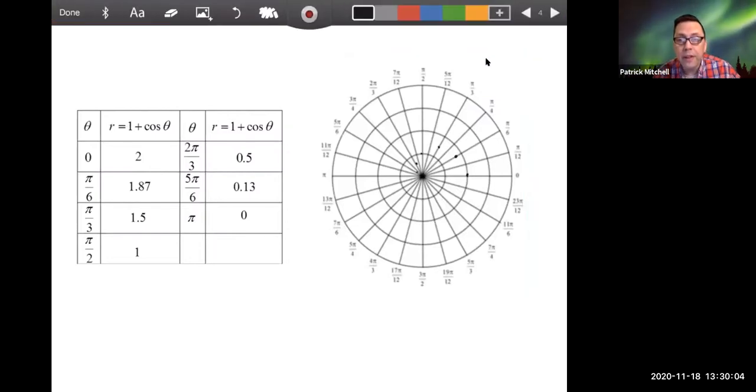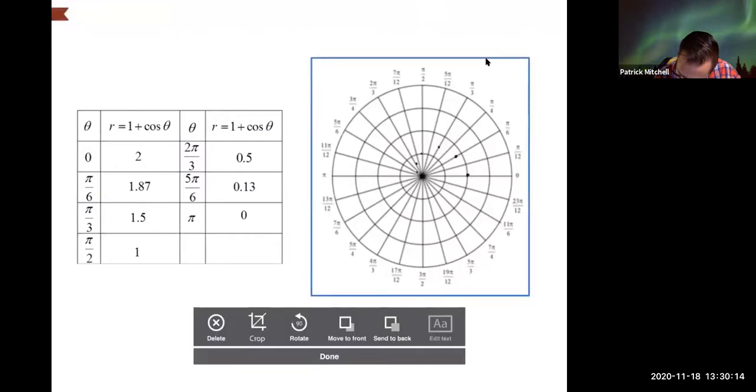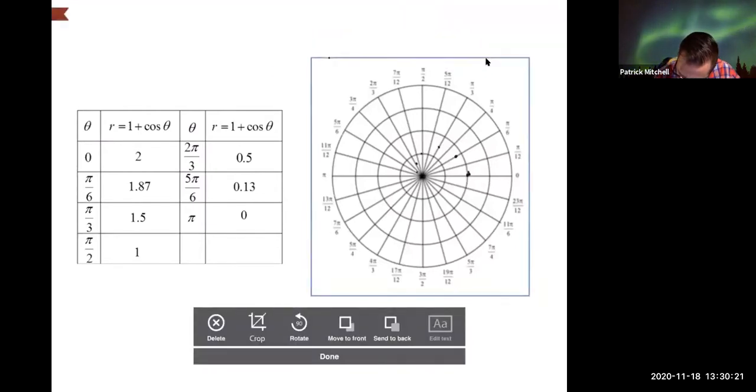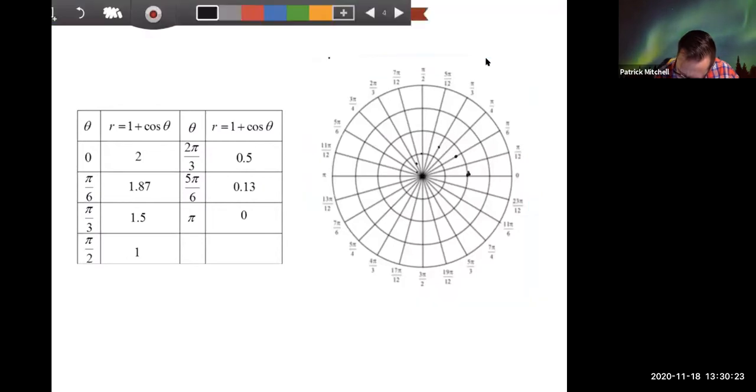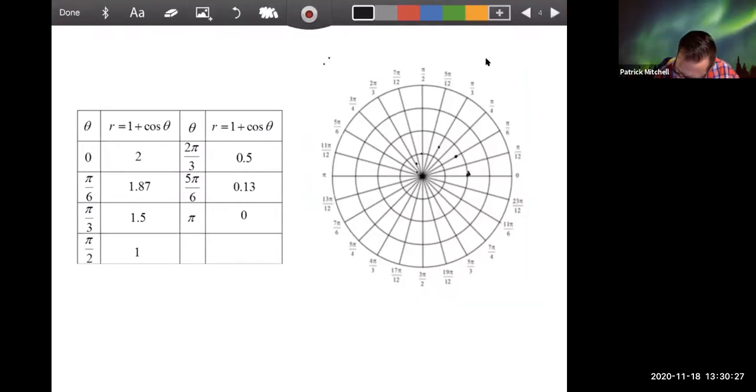And then remember that this graph is symmetric with respect to the polar axis. So if I draw this part, then the bottom is just going to be the mirror image of that.